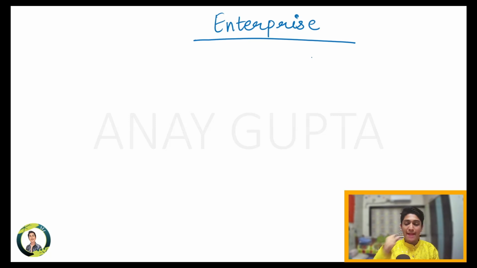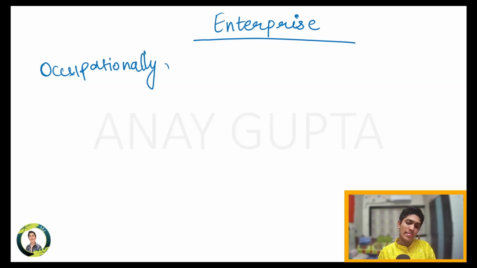Okay. Enterprise is basically that entrepreneurial mindset, that risk taking, and the decision making in business. So, is an enterprise occupationally mobile? Yes, should be. Because if I am able to succeed well in a tech business, I might be able to use that, because over here it's all about business acumen, right?